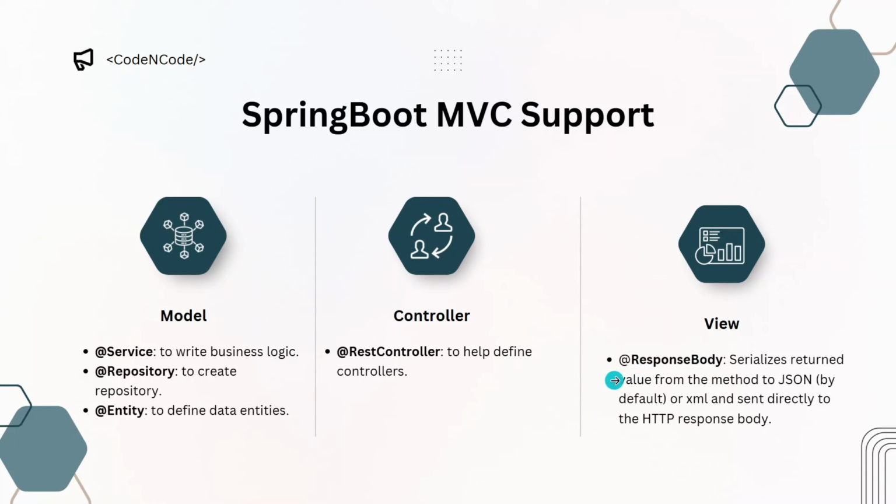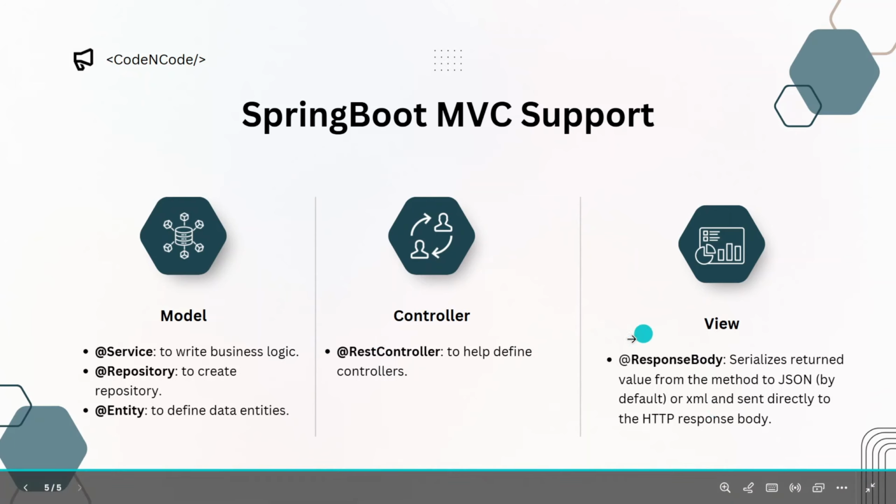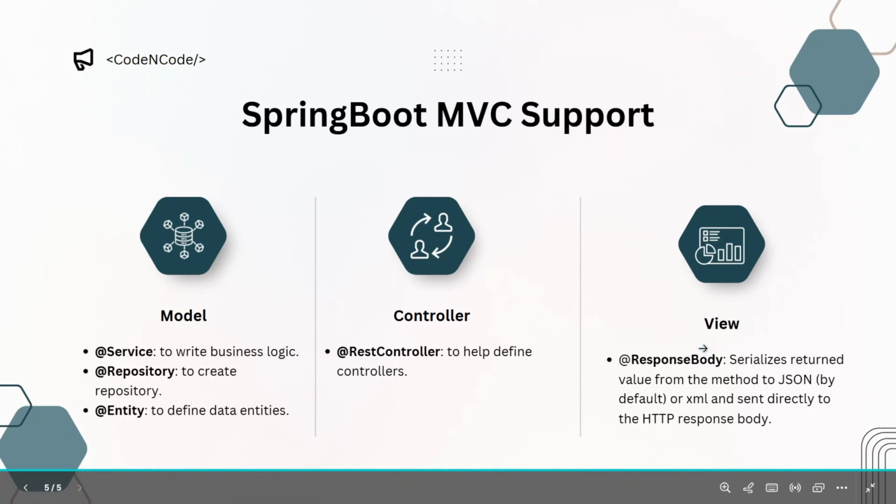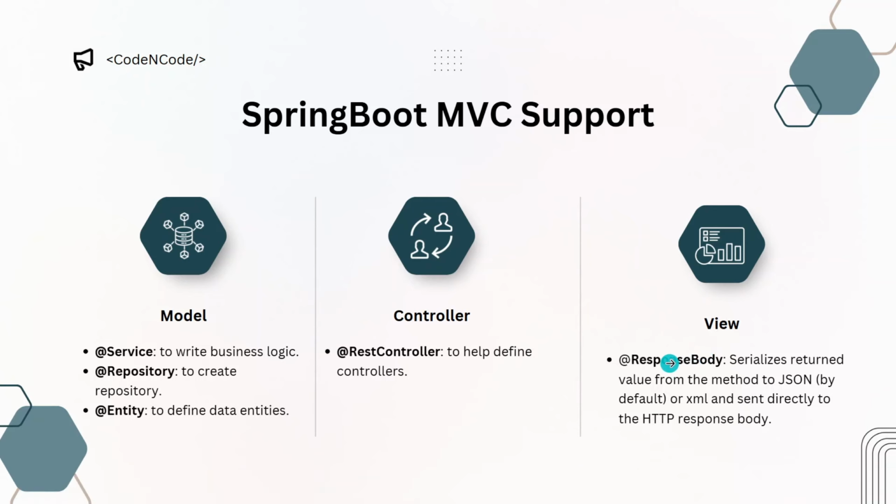So yeah, we'll be defining the controllers using @RestController. When you are defining the controller using @RestController, you don't have to annotate anything with @ResponseBody, because @RestController comes by default with @ResponseBody, right? So you don't have to define it, but it is there. And I wanted you to know that, yeah, behind the scenes, this is what is happening, right?